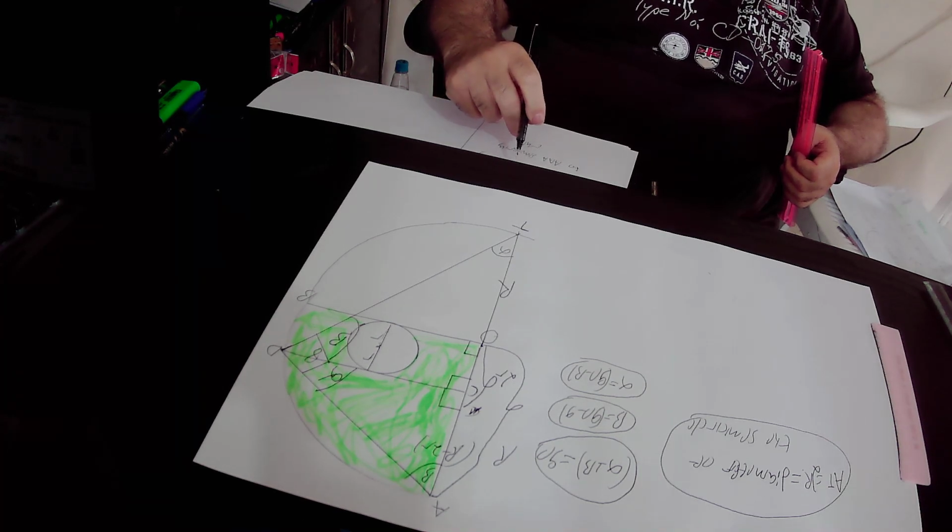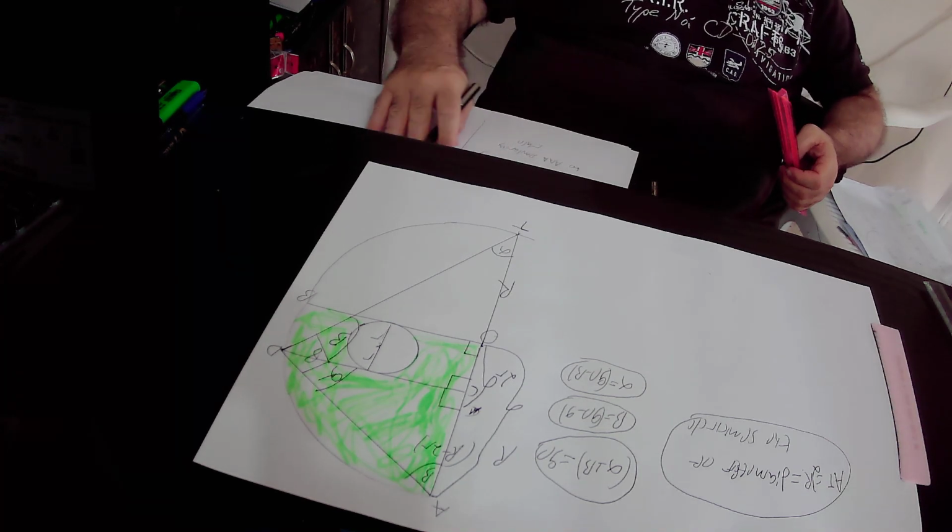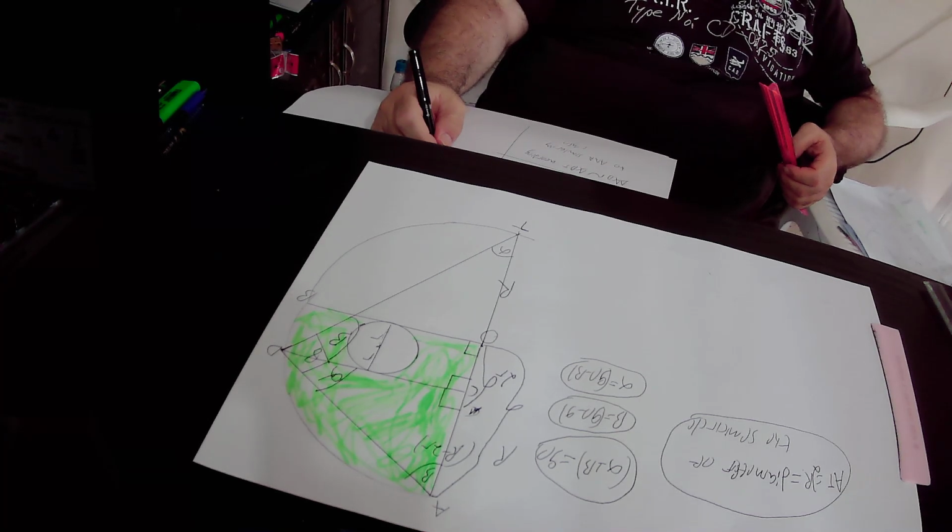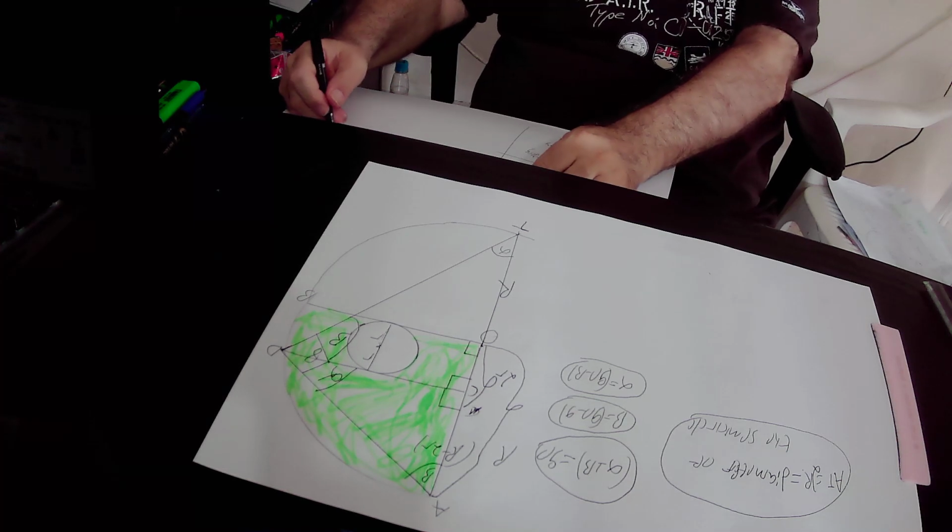And from the fact that those two right triangles are similar to each other, we conclude that the following relationship exists between their sides.